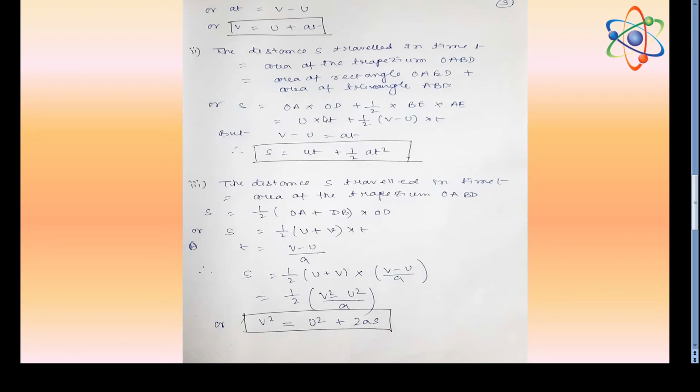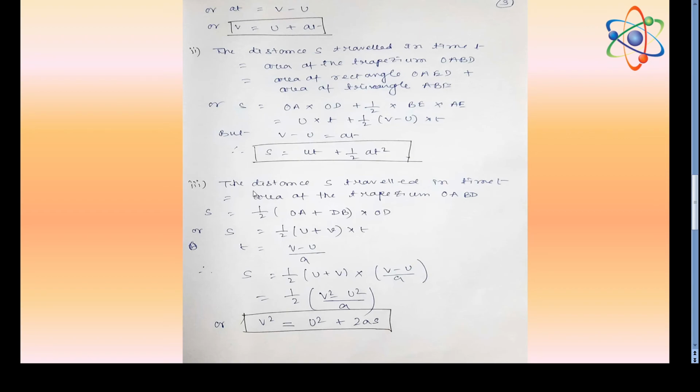So OA equals u and OD equals t, so u into t plus half, BE equals (v minus u) into t, AE equals t. But we know this v minus u equals at. So in place of this v minus u, we can write at. So we will get s equals ut plus half at square. This is the second formula, s equals ut plus half at square.